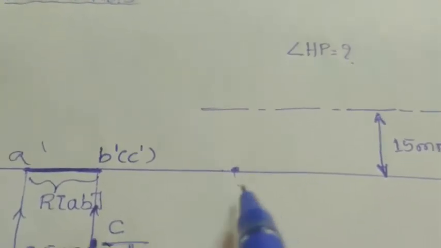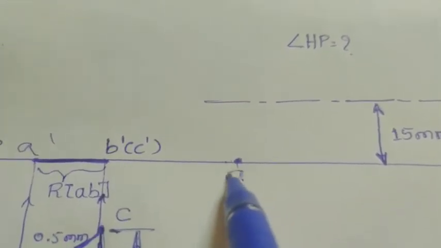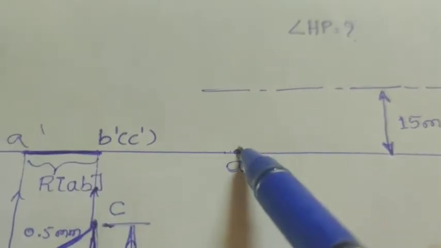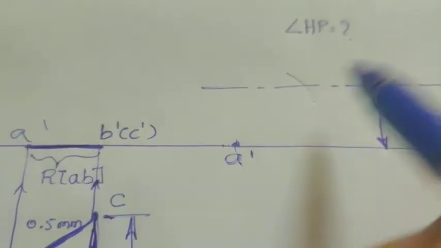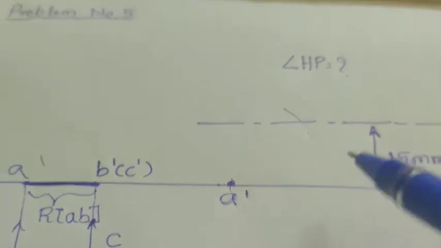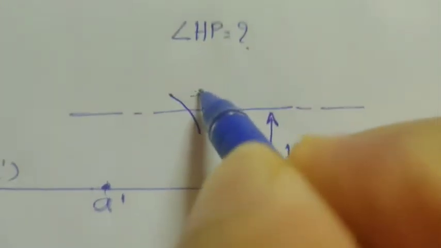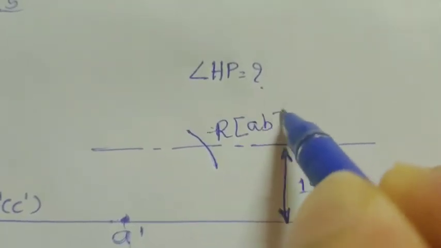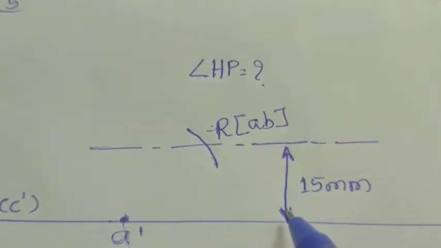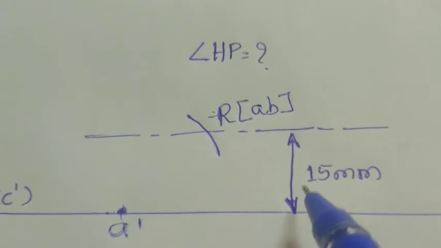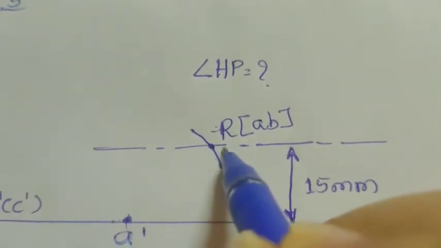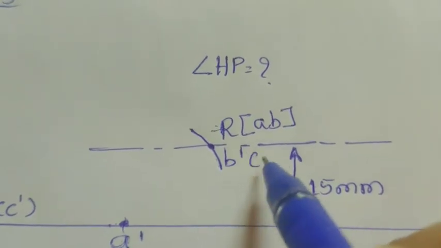And after that, taking this point as our center A dash, then RAB is taken and we are going to draw one arc. Radius of that arc is nothing but RAB. So when it intersects with this 15 mm line, there we are going to get point B dash and C dash.